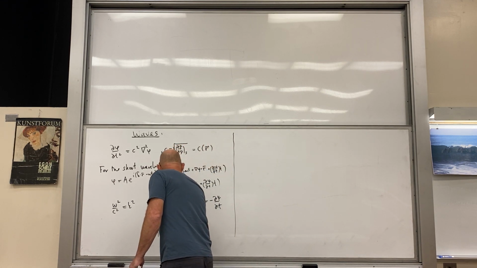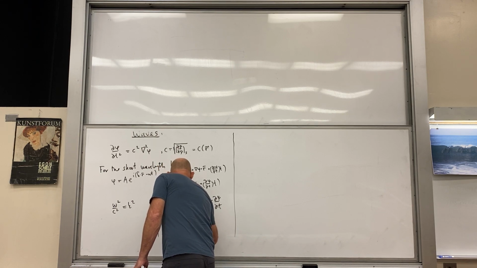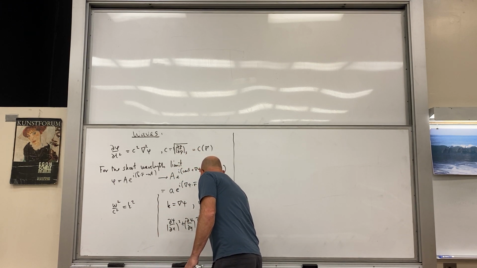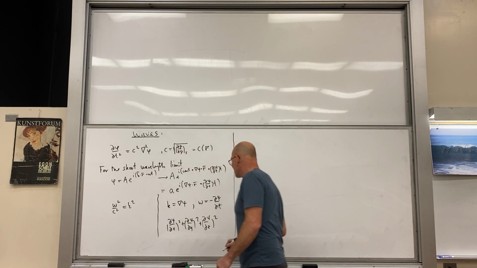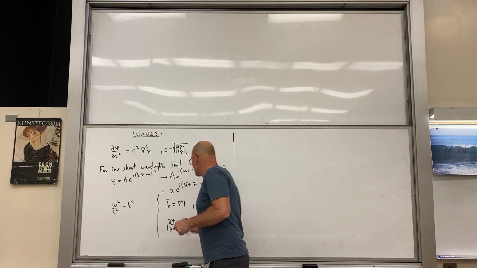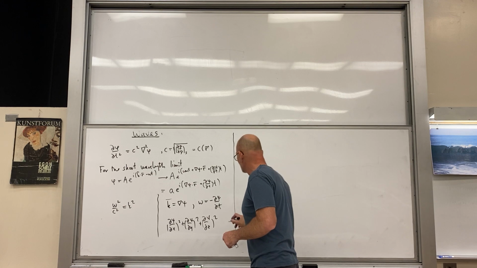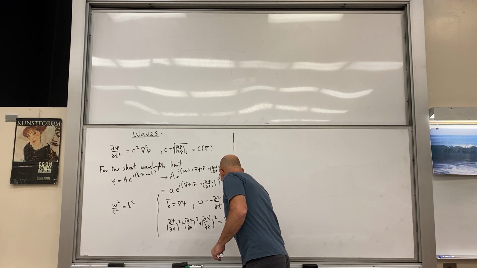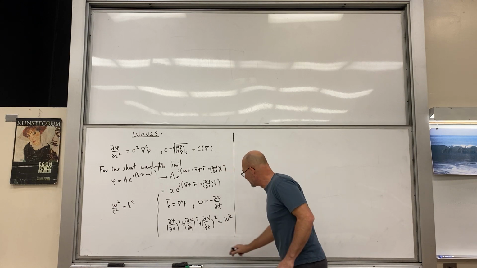So then, the gradient of c squared, okay? This is a vector, is equal to this omega squared over c squared, which is where we just were.